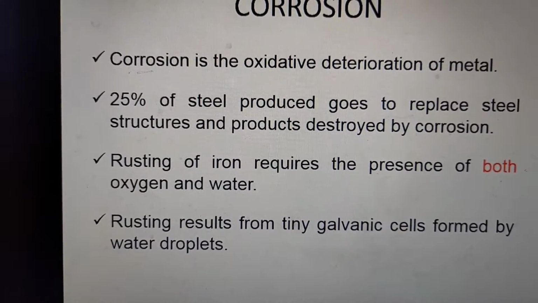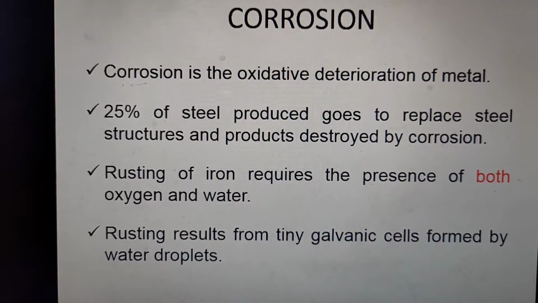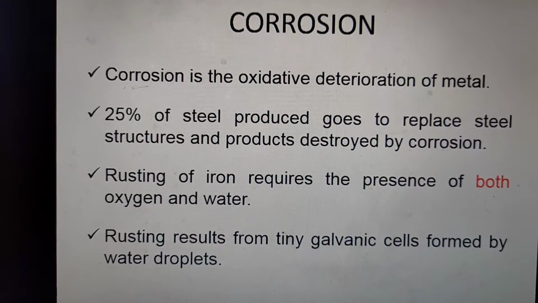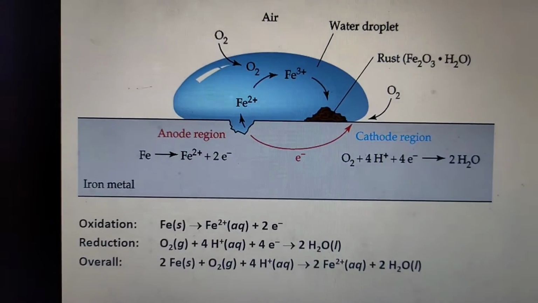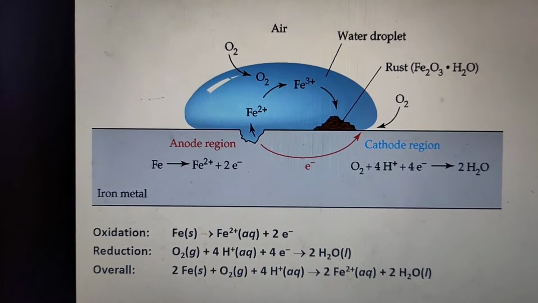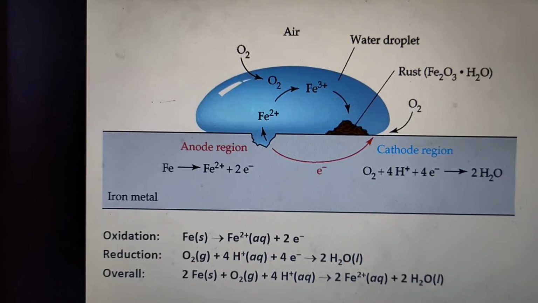Rusting of iron requires the presence of both oxygen and water. Rusting results from tiny galvanic cells formed by water droplets. Now, we can explain the rusting of iron as an electrochemical process. Now, what is happening, we will see.